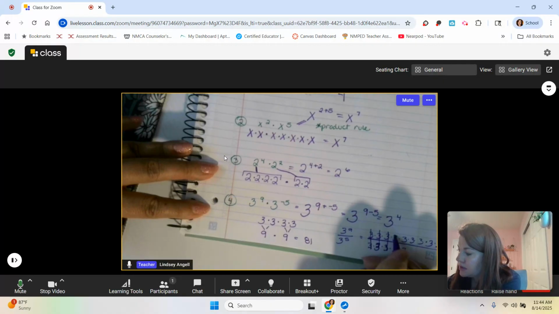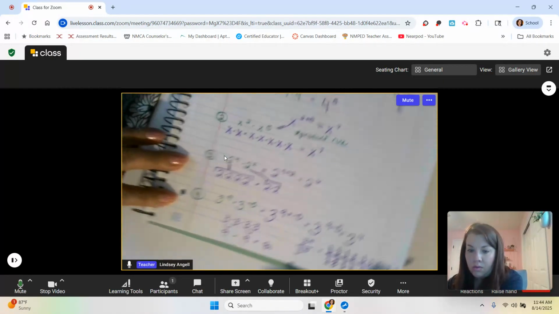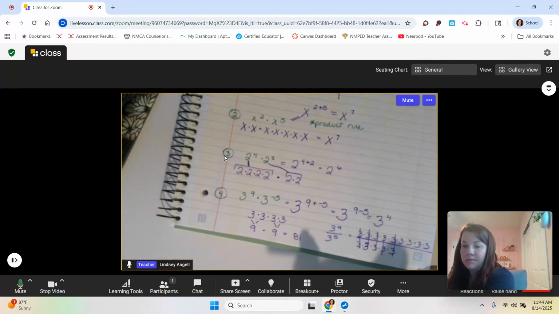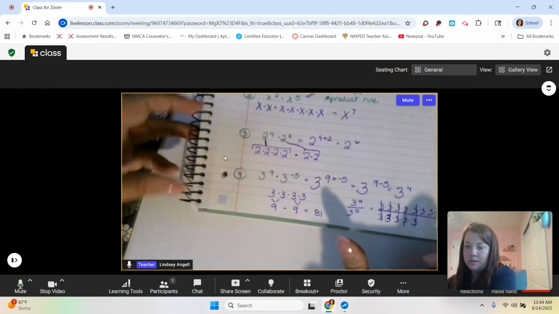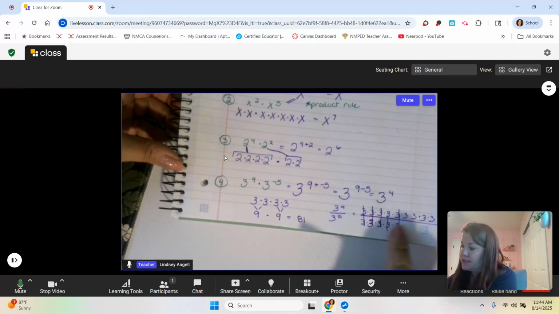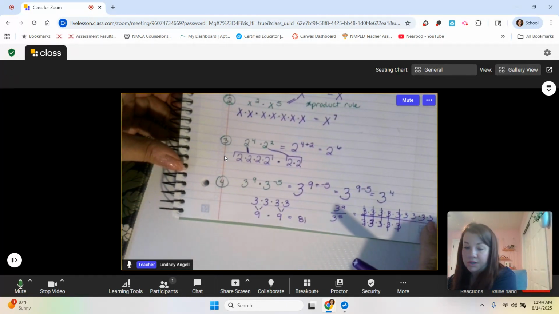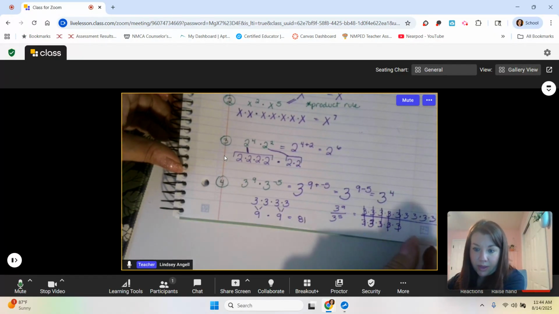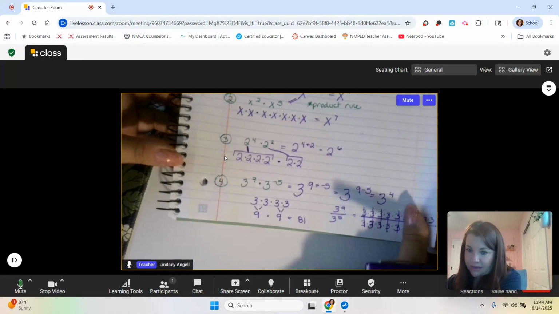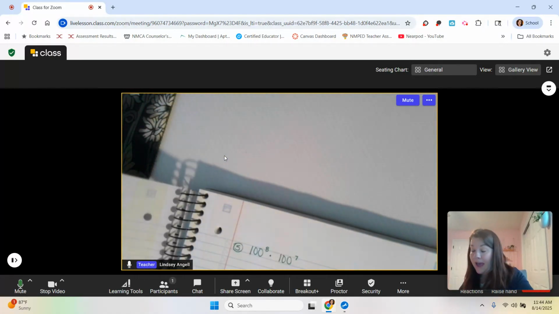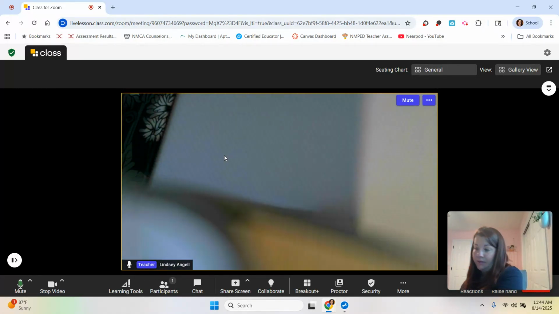These all cancel, all cancel, all cancel. Once again, oh my goodness, this document here. Sorry, guys. Once again, I'm left with 3 times 3 times 3 times 3, or 3 to the 4th. Okay? So, lots of different ways to show this, which I like. I think that's a great thing.